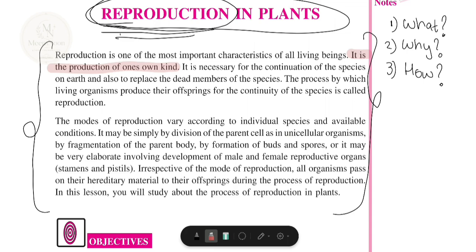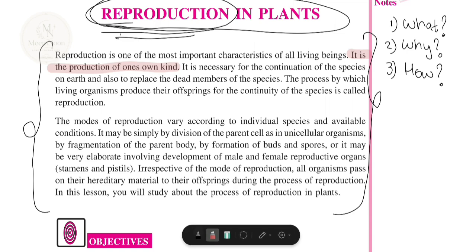If a species, for example an elephant, gives rise to another small tiny elephant or a kid, then that process is called reproduction.